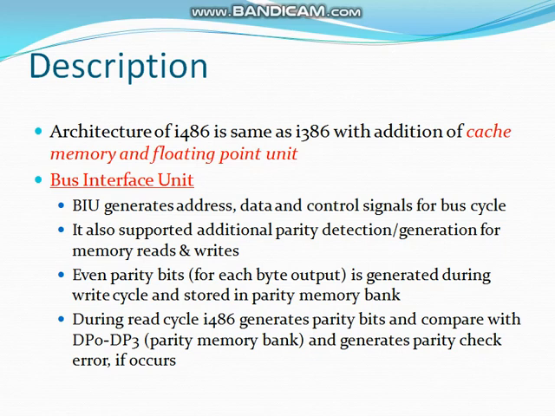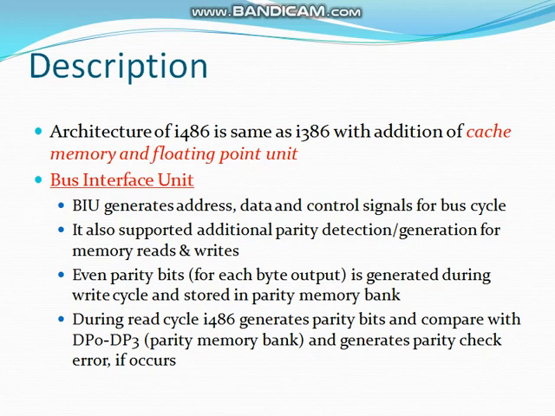How can this be checked? Initially it generates even parity when it sends the data, that is, when it writes the data, and stores these parity bits into the memory bank.